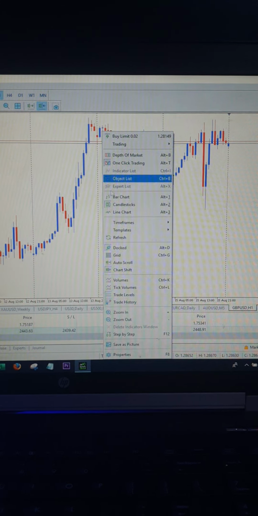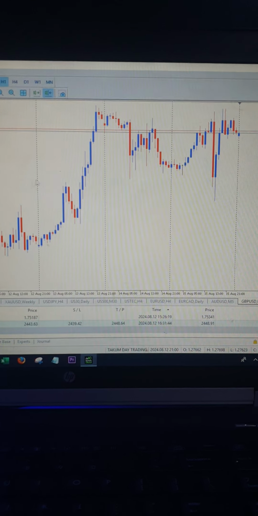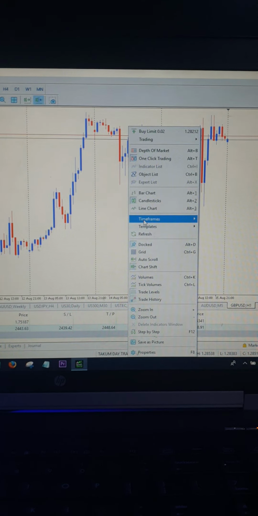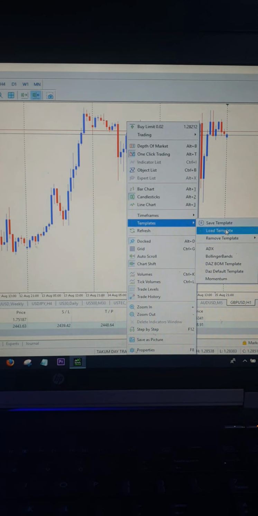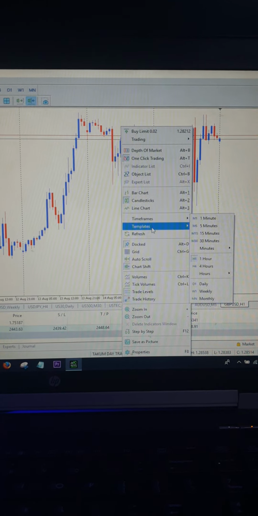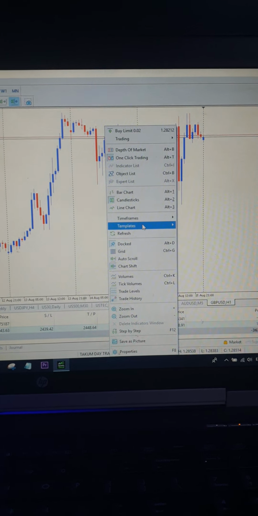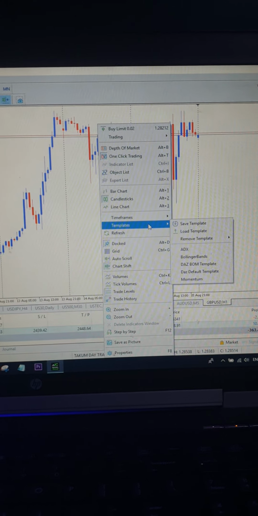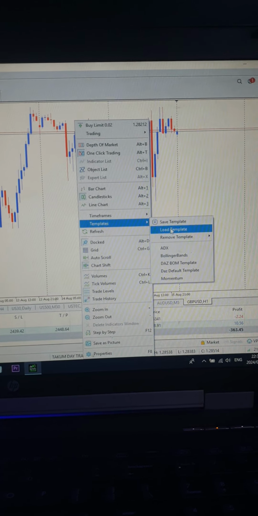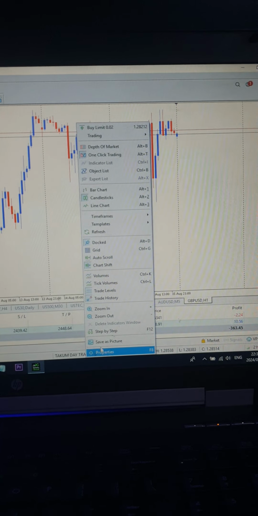Normally to customize a template like this, you have to go to templates, then now you go to property, sorry.